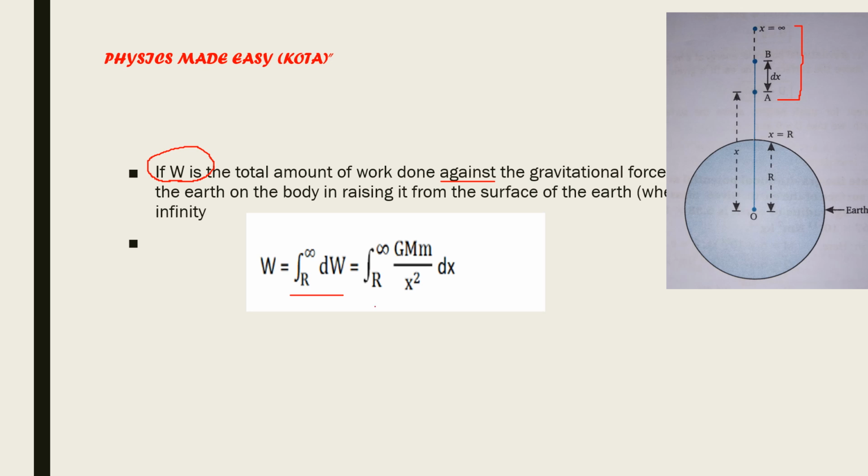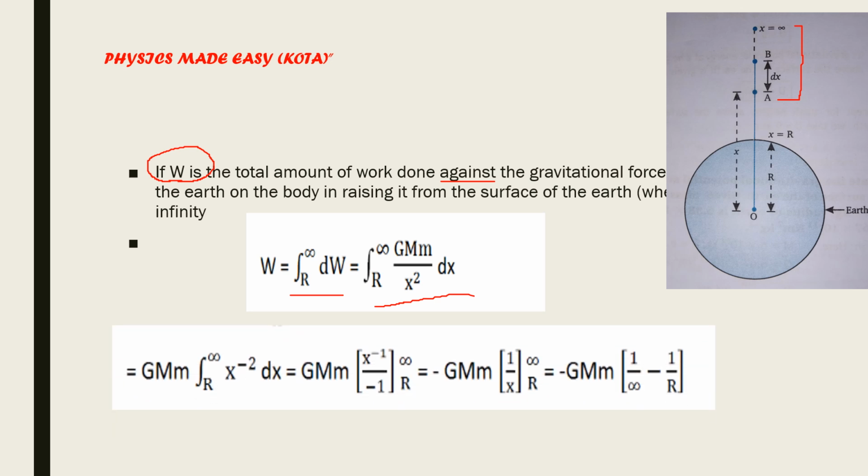Put the value of dW, then solve the integral. After solving the integral, we get the value: minus G M m into (1/infinity minus 1/R).